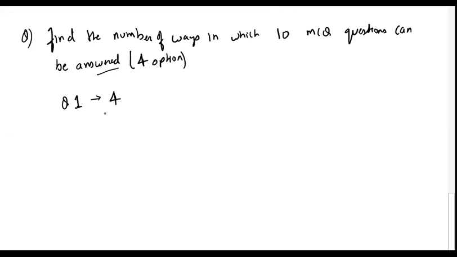Now 4 options, 4 ways. A, B, C, D. You can have any one answer. Got it? Yes or no? Okay.